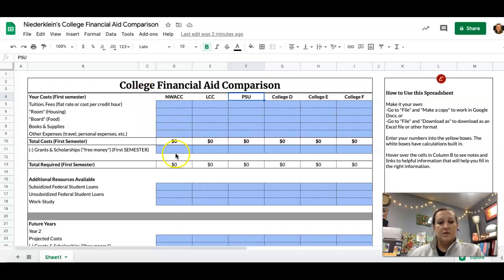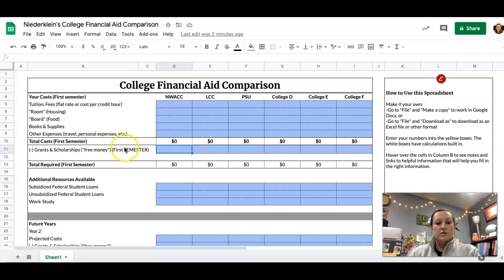First thing is making sure that you have your financial aid, your FAFSA, done, and you have a SAR, a student aid report. On that SAR, it should say what your expected family contribution, your EFC, is. It should also indicate if you are eligible for any Pell Grants, work study, or anything like that.